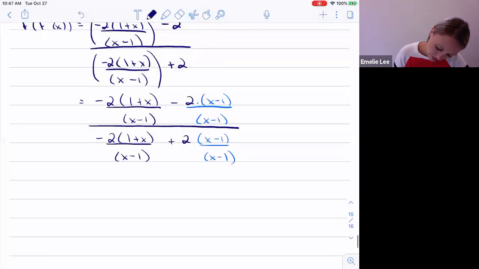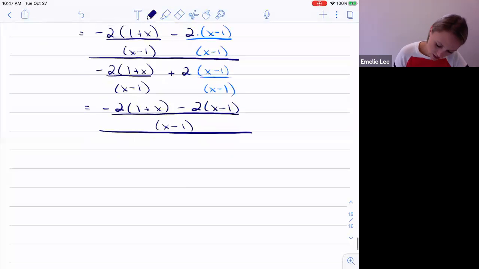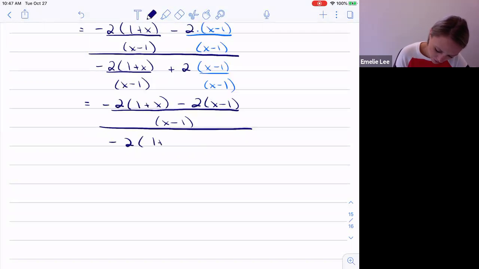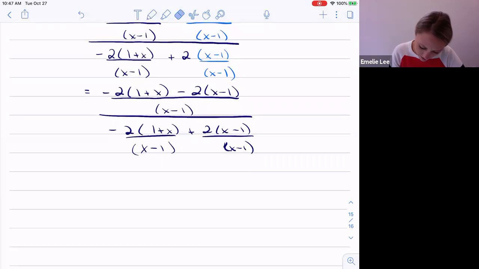So this becomes negative 2 times 1 plus x minus 2 times x minus 1 all over x minus 1, then divided by negative 2 times 1 plus x over x minus 1 plus 2 times x minus 1 over x minus 1. Oh, I can combine that common denominator, sorry.